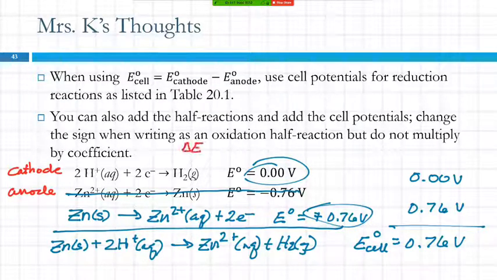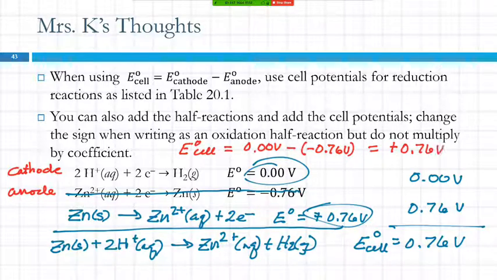And so it's the cathode minus the anode, so it's 0 volts minus negative 0.76 volts, which is plus 0.76 volts. I'm getting the same answer. I'm thinking about it differently. Anybody have any thoughts?